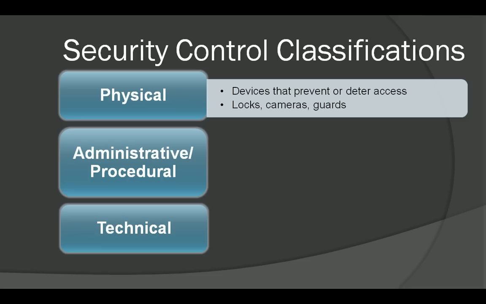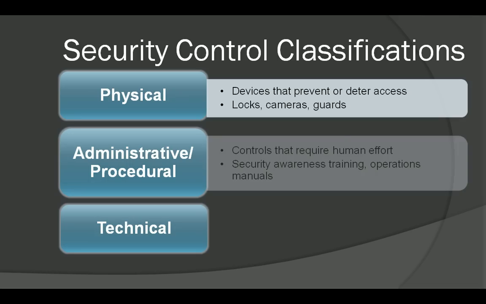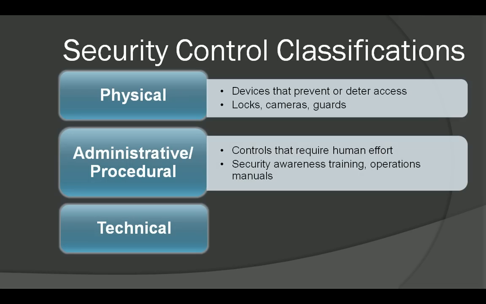Could be locks, cameras, guards, anything that's physical that prevents access to our assets. An administrative or procedural control is something that us humans have to do. So, for example, it might be step-by-step instructions on how to carry out some procedure to harden the server, or to harden a workstation before it's deployed in the field.